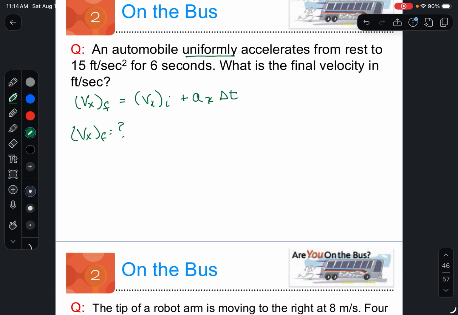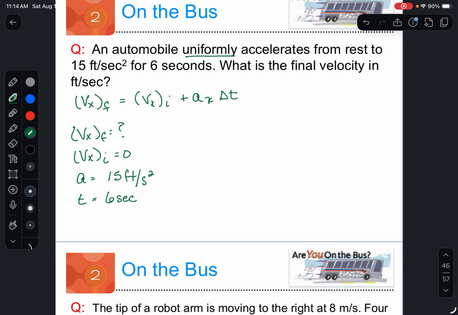It uniformly accelerates from rest, so we know our Vx initial is 0, and we know our acceleration is 15 feet per second squared. And again, check your units, because remember, with acceleration your time value is going to be squared, and your time is 6 seconds.